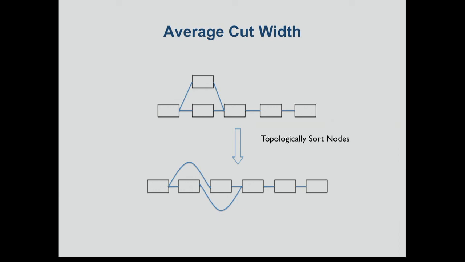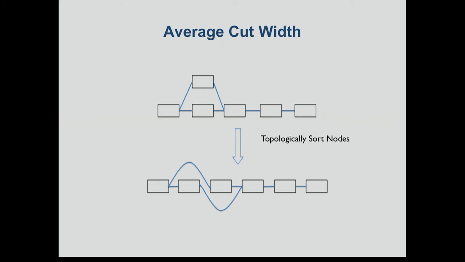But in this case, where we have two alternates, a SNP, when we linearize this, we're going to put one of them on one side and one on the other, and so there will be two edges crossing this cut. So cut width, at a particular cut, is how many edges cross that cut. And we're interested in the average cut width. Now, we topologically sorted the nodes.